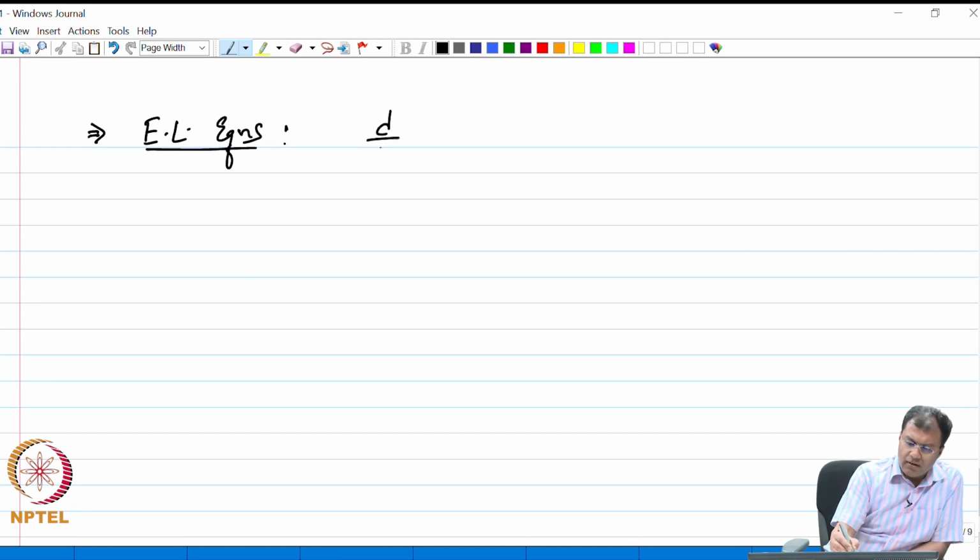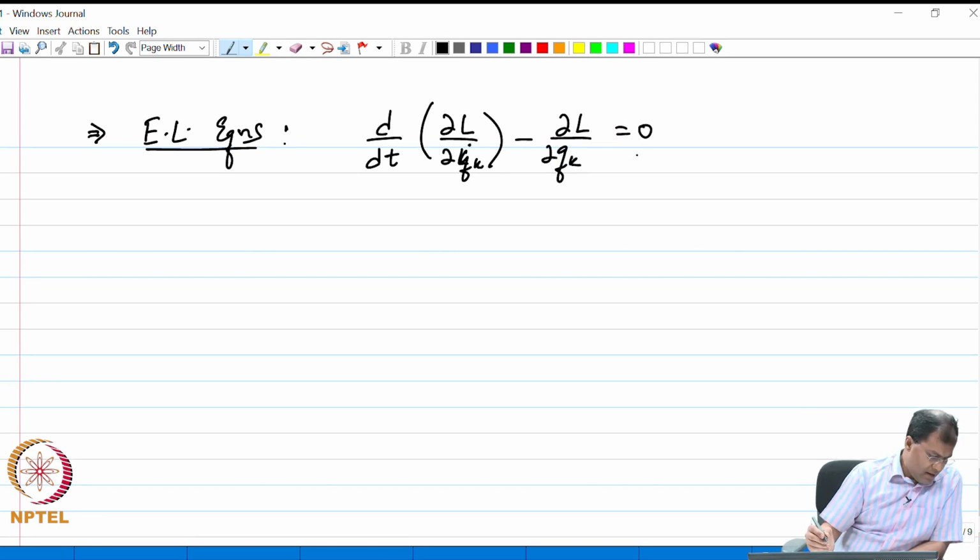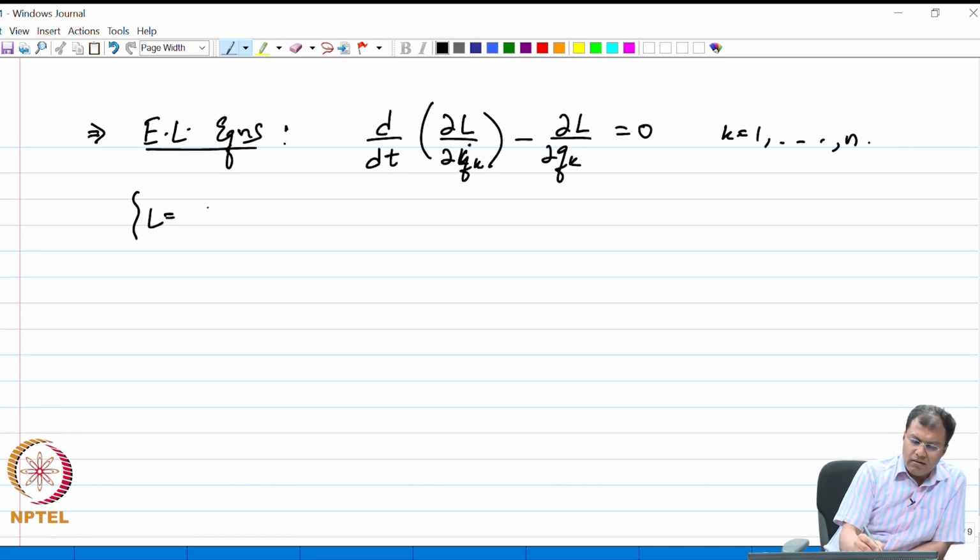So, when we do that, we have the following set of equations, right, and this is for k from 1 to n. Now, let us plug in the value of L, right. So, notice that L is half m summation q k dot squared, minus V of t comma q bar, right.